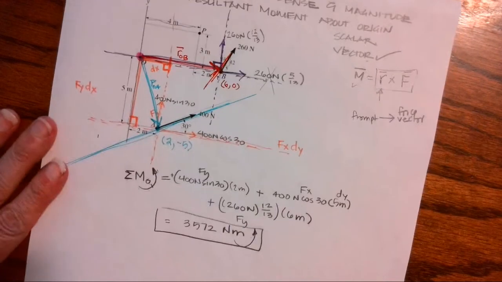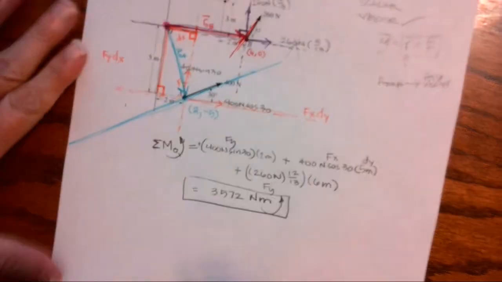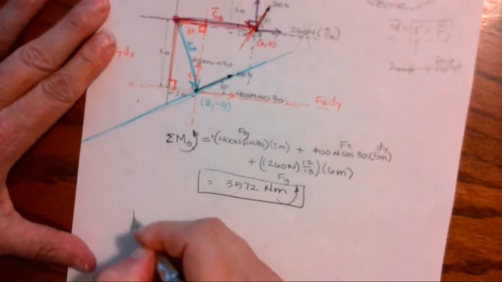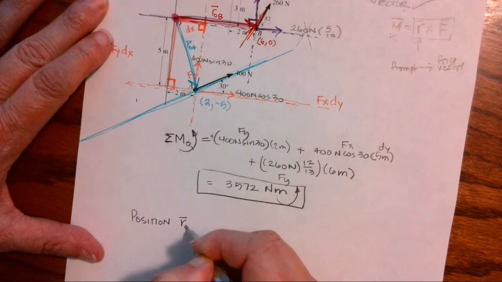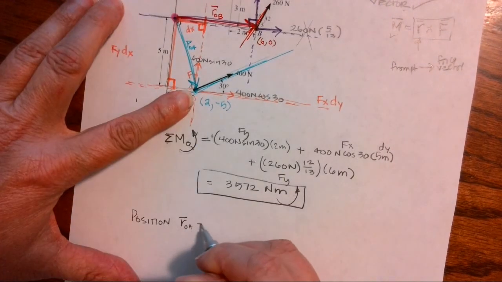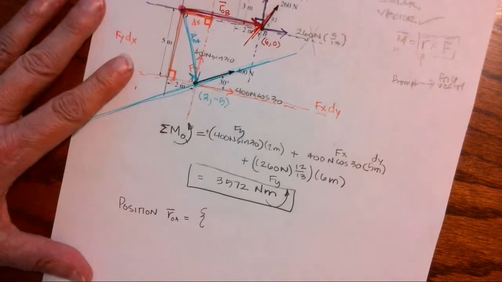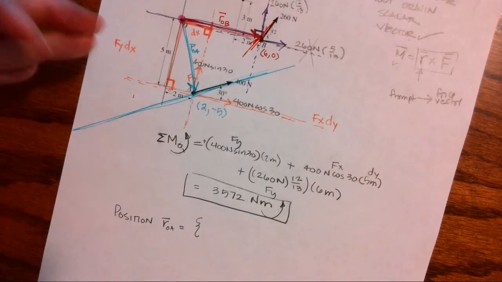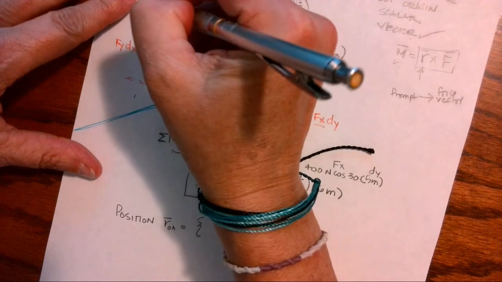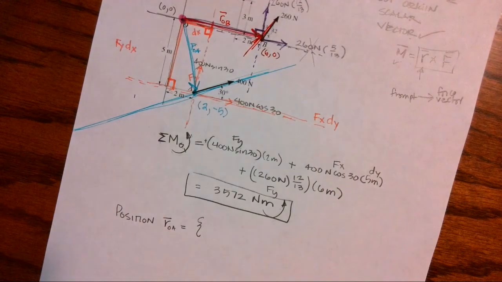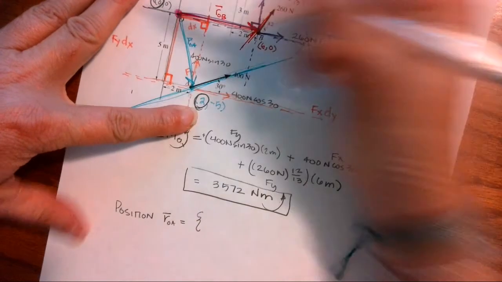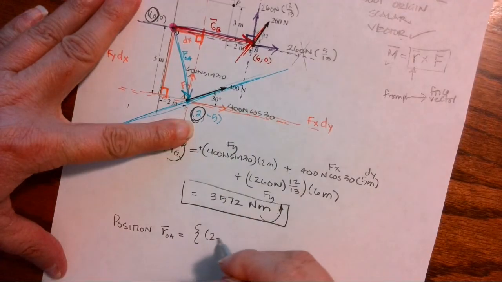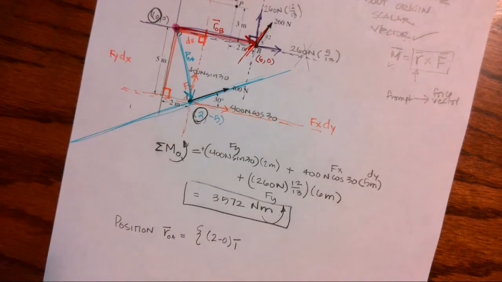Okay, so let's write our Cartesian vectors. Position from O to A. We use tip minus tail, and I'm going to start with x's, 0, 0. Okay, tip x, 2, minus 0. 2 minus 0, i is that unit direction that tells us in the x direction.